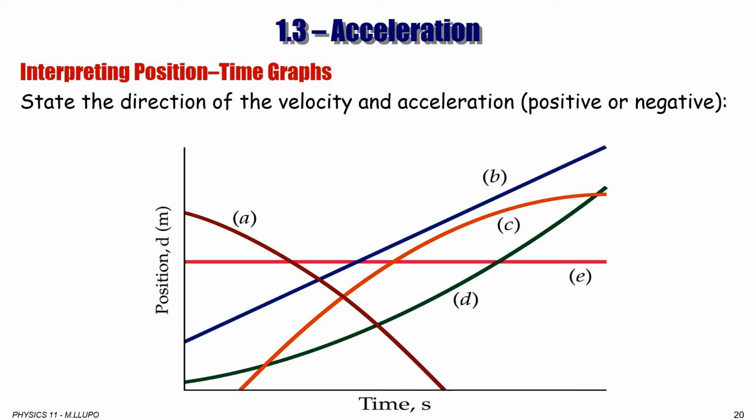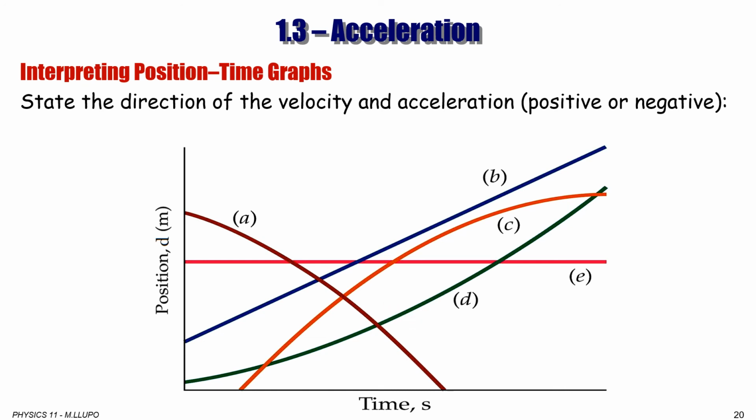Interpreting position-time graphs. State the direction of the velocity and acceleration in terms of positive or negative. Let's start with graph A. If we draw a tangent here, it is going to go down, right? So that means velocity is negative.